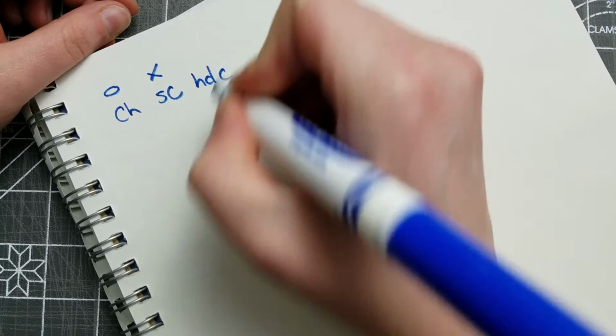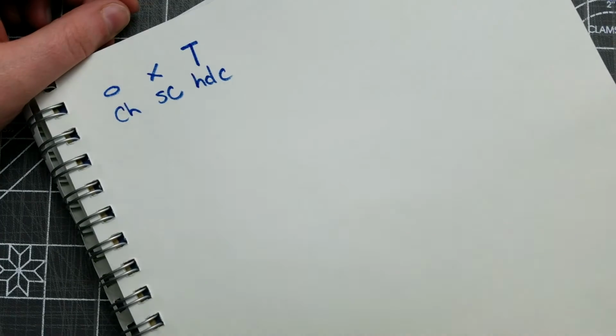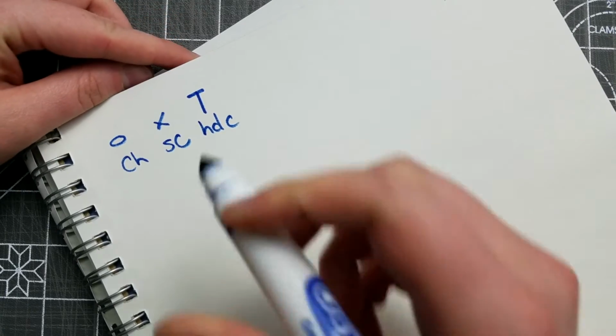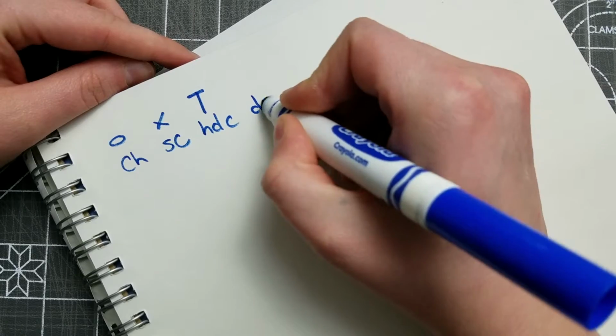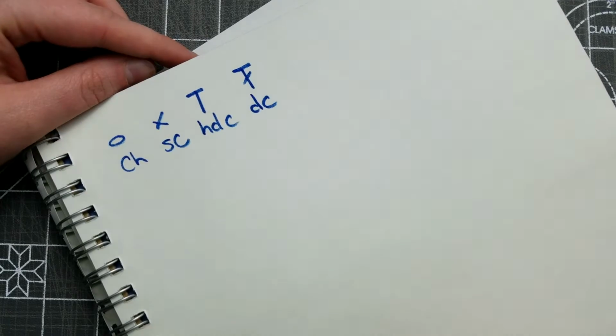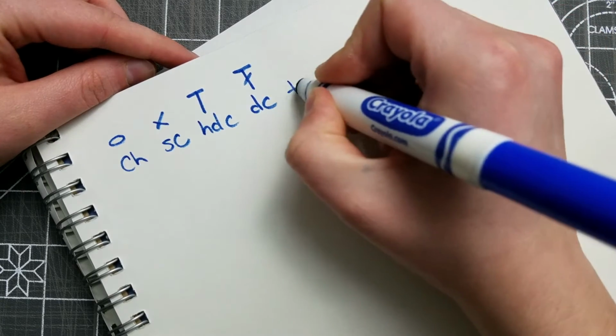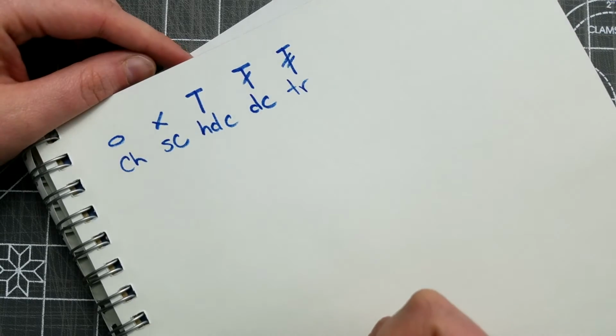Your half doubles are going to be a T. Your doubles are going to be a T, little hash mark. Your trebles, T, 2 hatch marks.